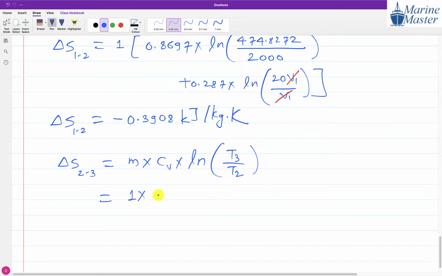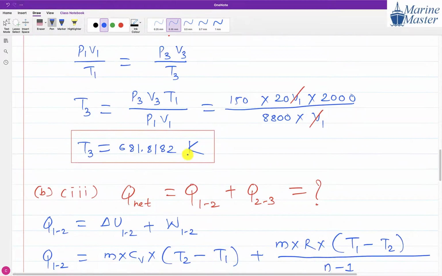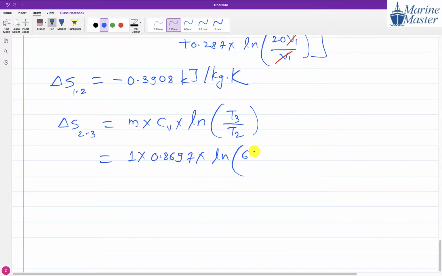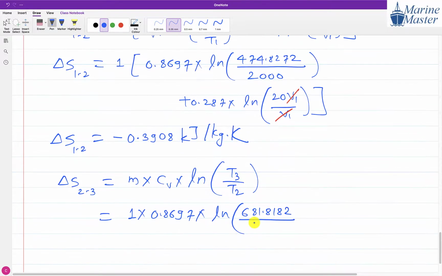Mass is 1 kg, Cv 0.8697 into ln of T3. How much T3 did we calculate? 681.8182, divided by T2, which is 474.8272.